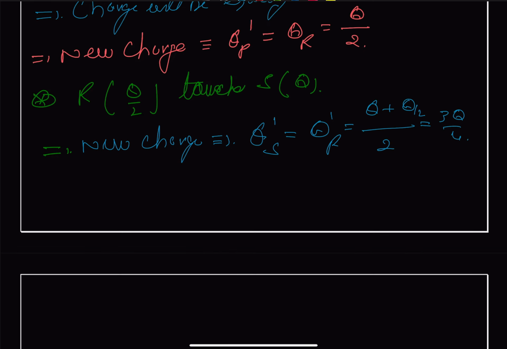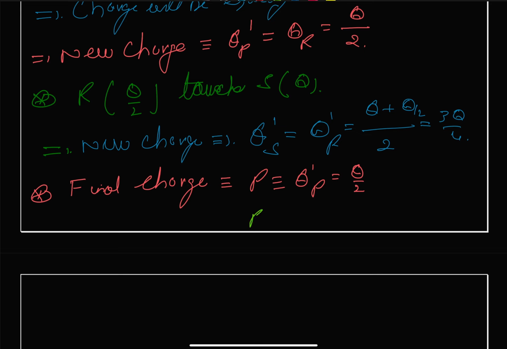So final charge on P, that is our Q prime P, is equal to Q by 2, and on S, our Q prime S is equal to 3Q upon 4.